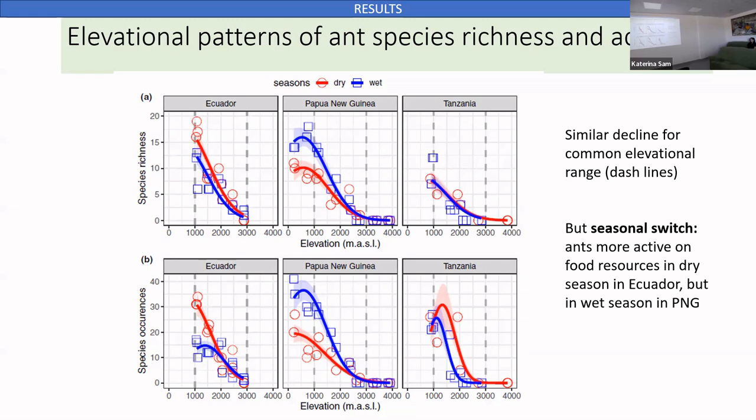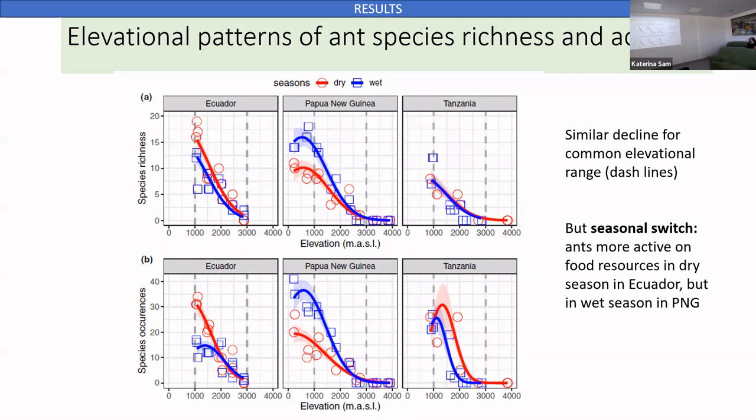While in Ecuador and Tanzania, the tree line is lower or hardly accessible, and in lowlands, either Ecuador is already too high or Tanzania is destroyed by plantations. So you cannot actually do a perfect comparison. That's why you have also these lines for common elevation range.